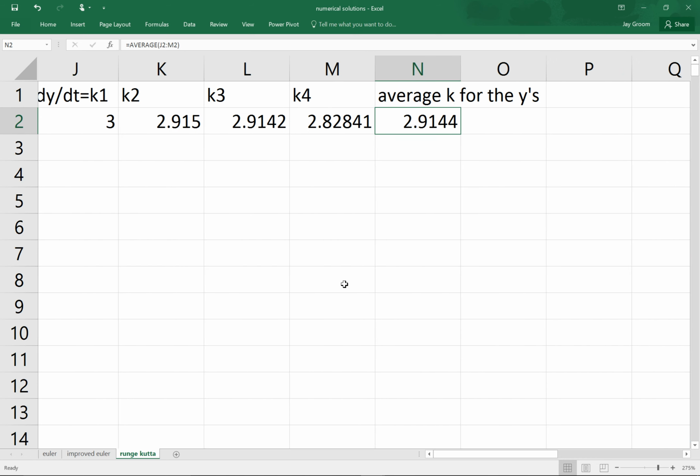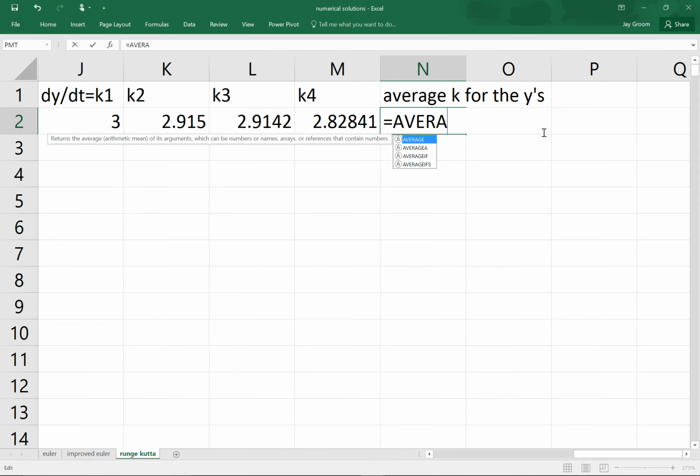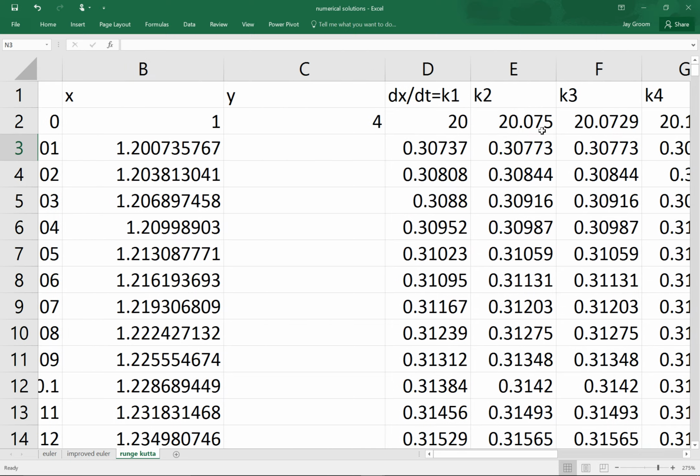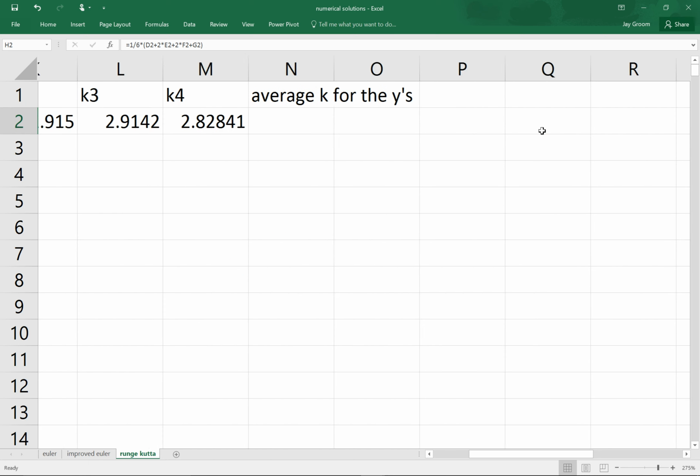Oh, wait. Now, the average isn't the average. Remember how the average goes, friends. Over here, look at that. We did the average for this one. Remember, it's a weighted average, right? So it's 1/6 of those, where the two middle ones get multiplied by 2.